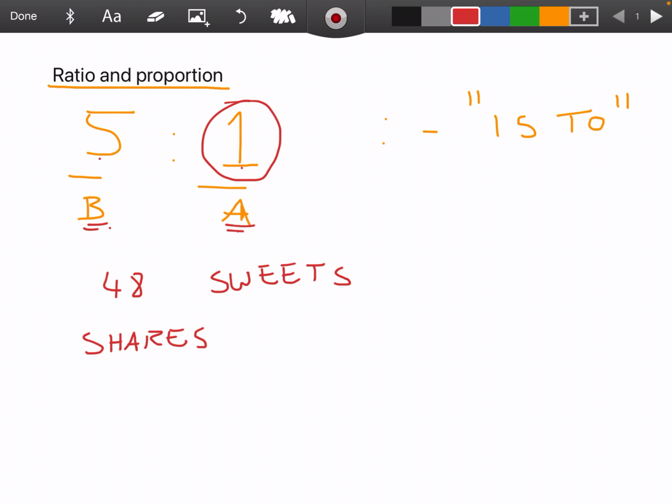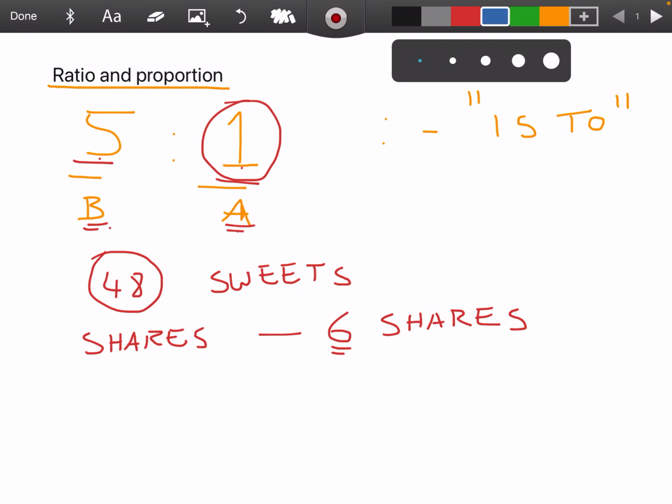So in this case, there's 5 parts here and there's 1 part here. So that means that there is 6 parts or 6 shares, if you want to think about it like that. 6 shares in this case. And I know that there's 48 sweets and it's split into 6 different shares.